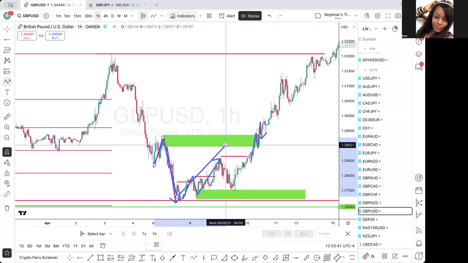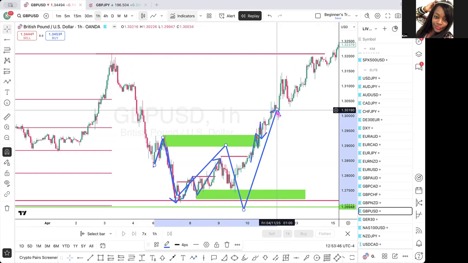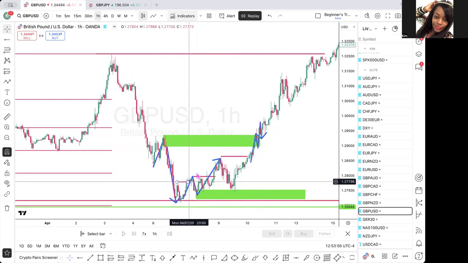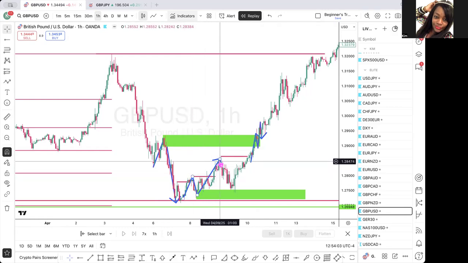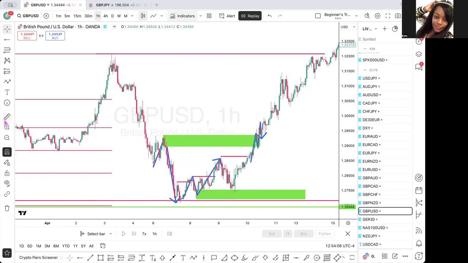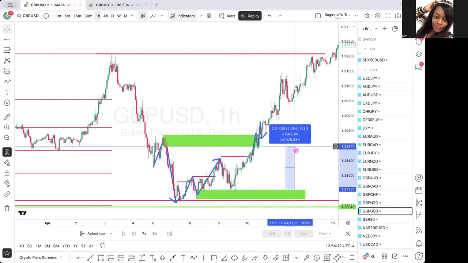So maybe it'll come here and then come here and then shift. Y'all get that? Okay. So to take advantage of the buy up to this point, there was a shift, a break of structure here. I got in at the demand zone to buy it up to the structural point or supply zone here.